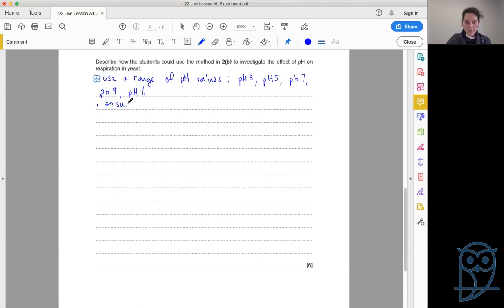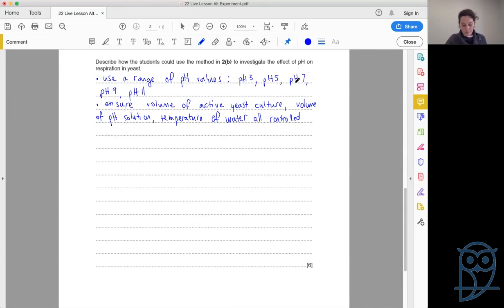So ensure volume of active yeast culture, volume of pH solution, because we're going to make buffer solutions, and temperature of water are all controlled.